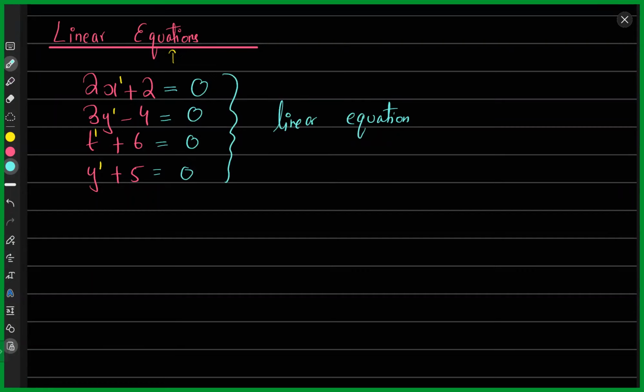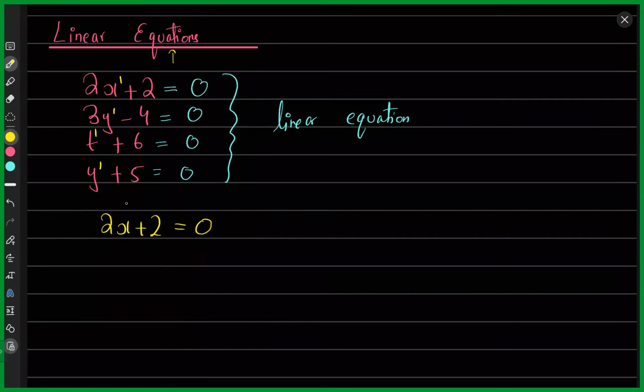The thing is, how do we solve linear equations? This is what we need to talk about. Let's talk about the very first one. Let's say I have 2x plus 2 equals 0. Now all of us know, in order to solve any equation, I need to get rid of everything that is with my variable, just so I have my variable alone.